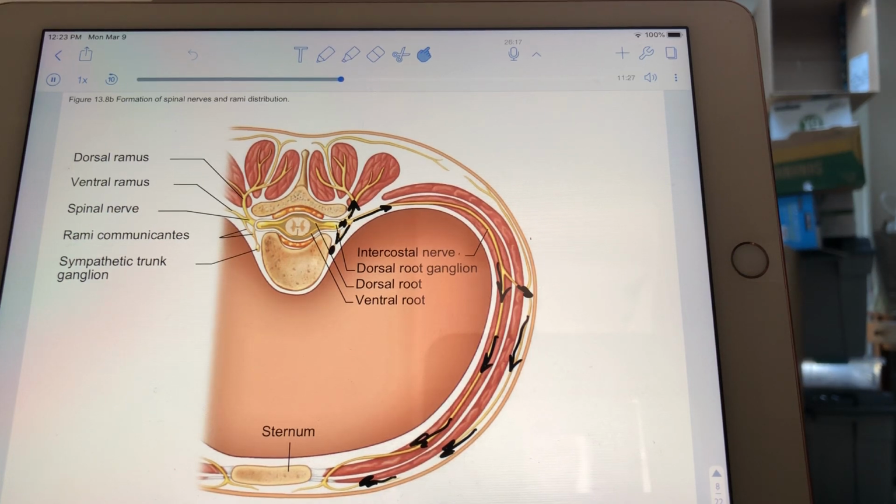So we have to wrap around the body in order to reach the ventral body wall. And so it's probably pretty clear just from this image that the dorsal rami serve the back, whereas lateral aspects and ventral aspects are served via ventral rami. Ventral rami have a much bigger job to do.